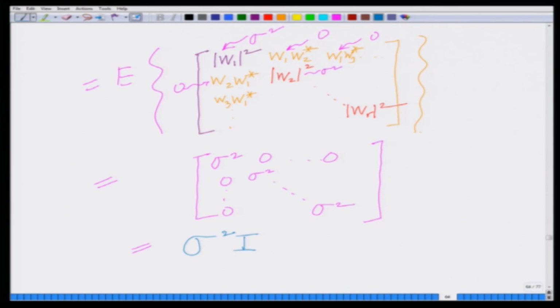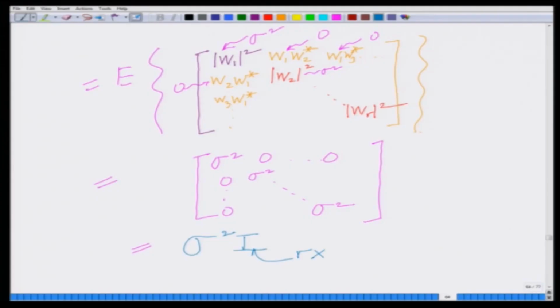So, when the different noise elements are zero mean, independent, identically distributed with variance sigma square, the noise covariance is basically sigma square times the R cross R dimensional identity matrix.